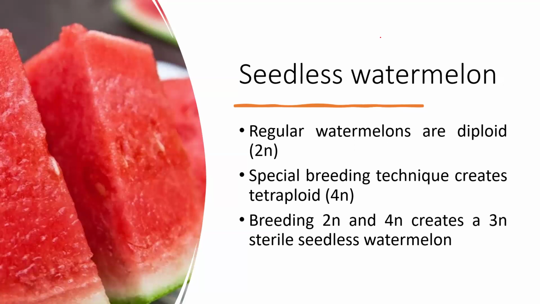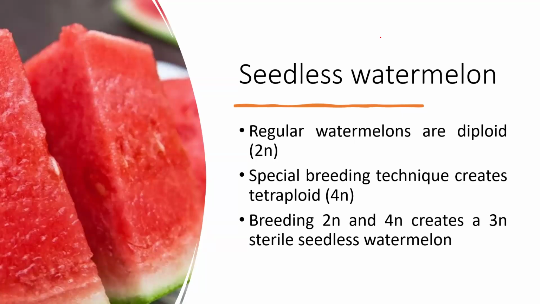So the quote unquote sperm would be N. What about the eggs? The 4N watermelon's eggs would be 2N. So if you take the N and the 2N and put them together, you end up having 3N.